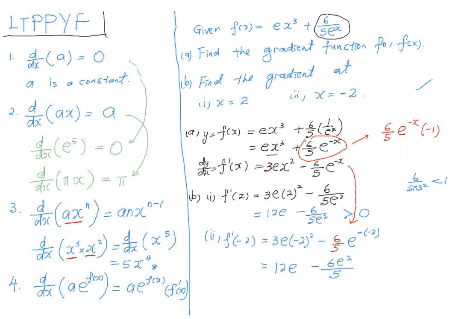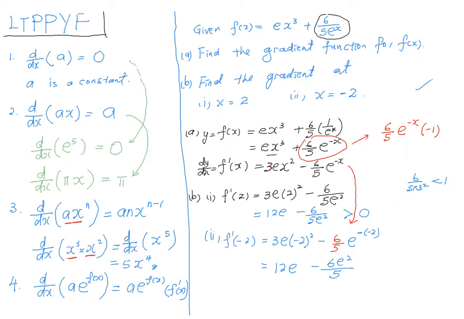Class, are you okay? So now may I know whether this is positive or negative? Can someone give me an estimation whether f prime, the rate of change at x equal to -2, is a positive rate of change or negative rate of change?